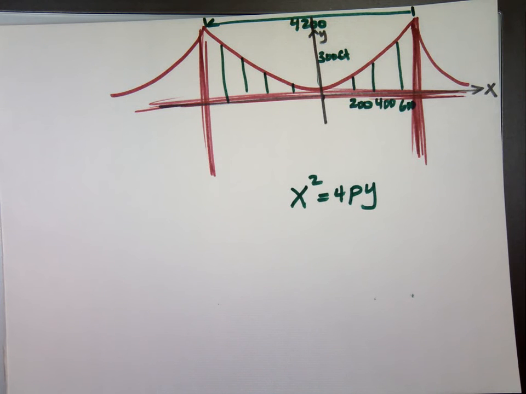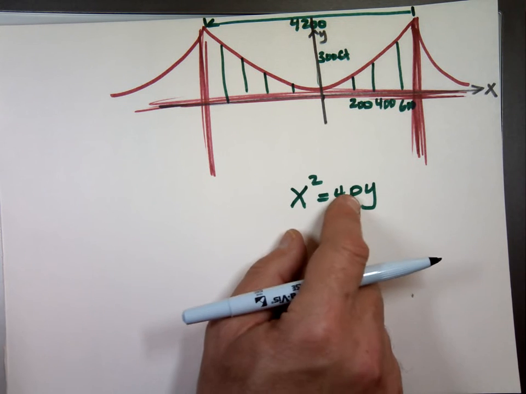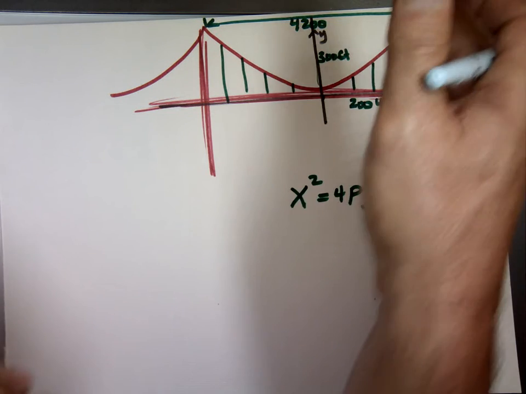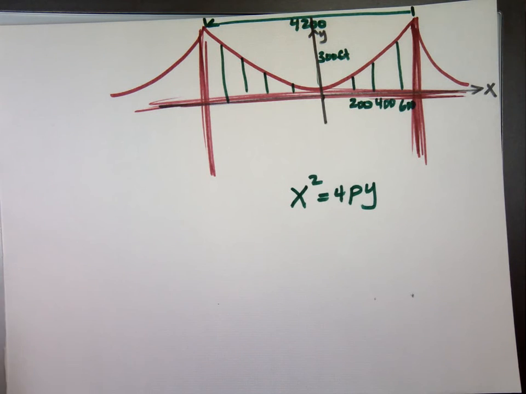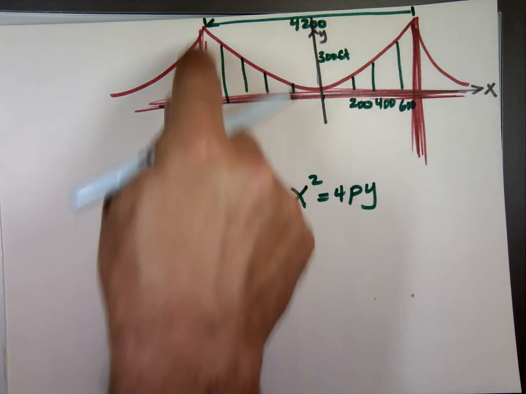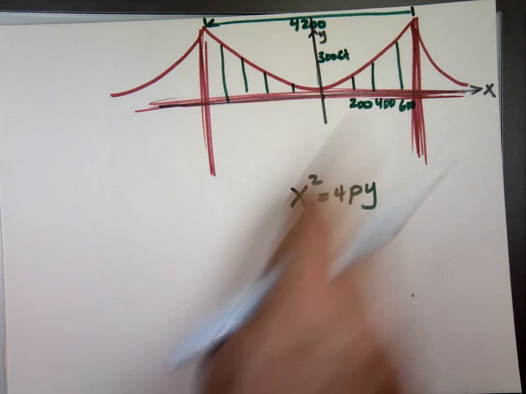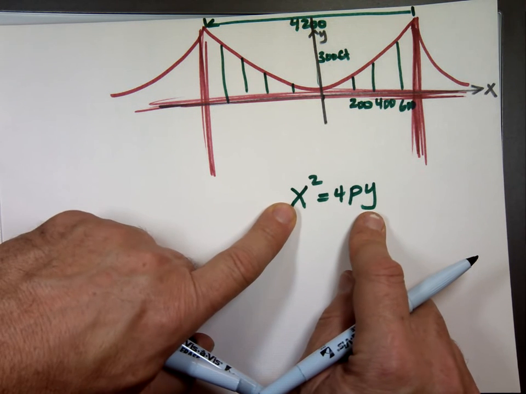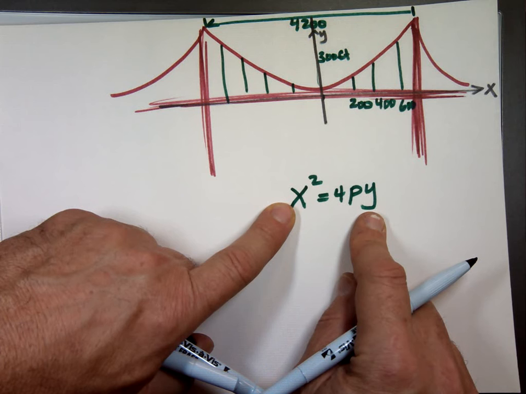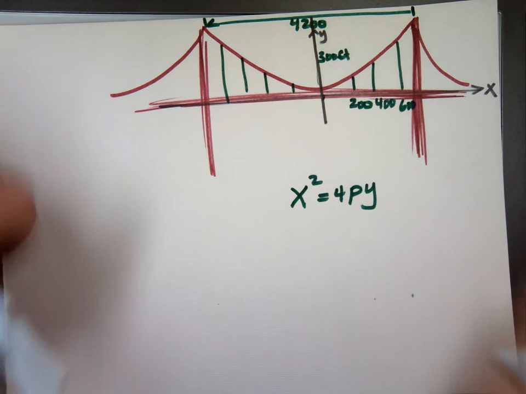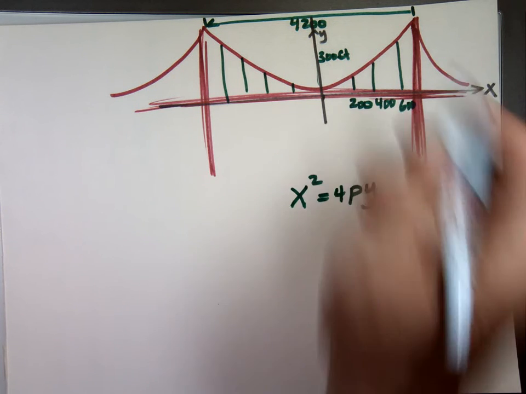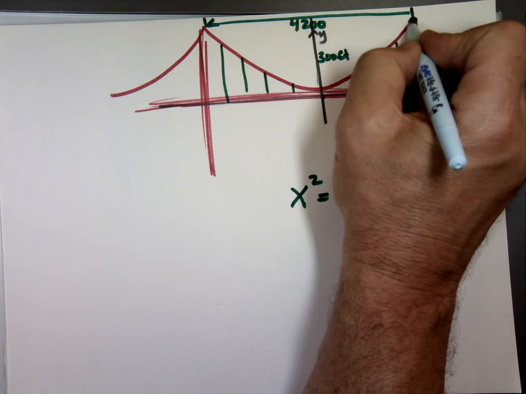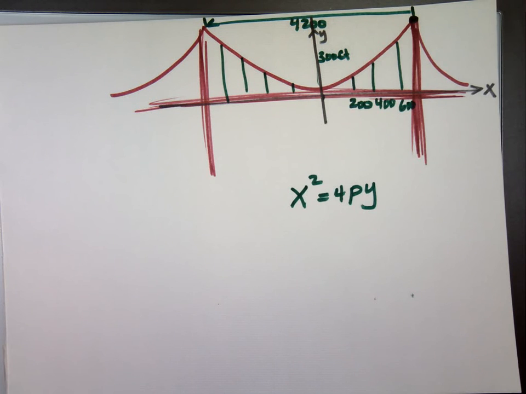So I need to know the equation. So I need to know what p is. If I know what p is, I have the equation that describes that bridge there. Well, wait a minute. If we know one point on that line, any point on that line, you'll be able to solve for p. Because if you know x and y, how many unknowns are left in that one? Just p. Do we know any points on that line? We know that point, right? What's the x value for that? Exactly, half that number.